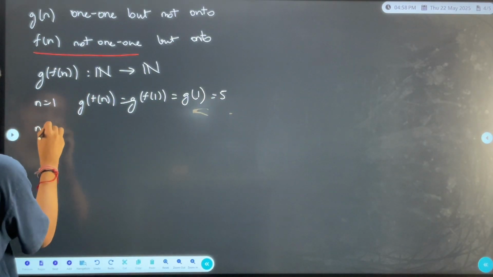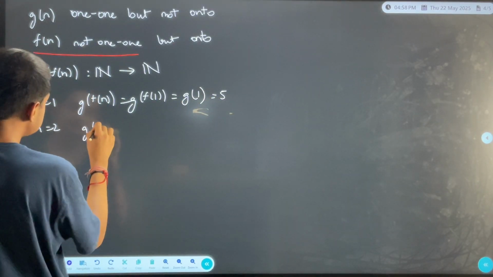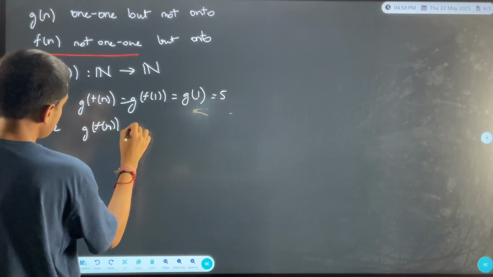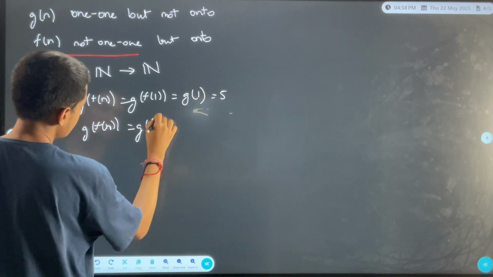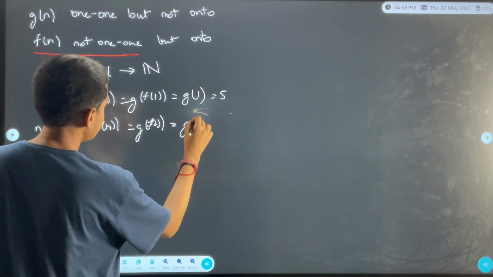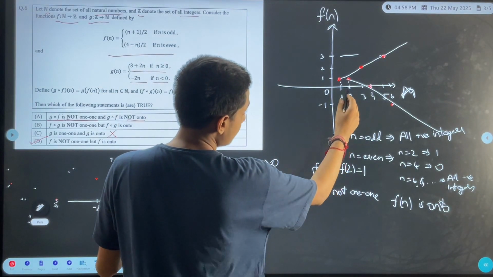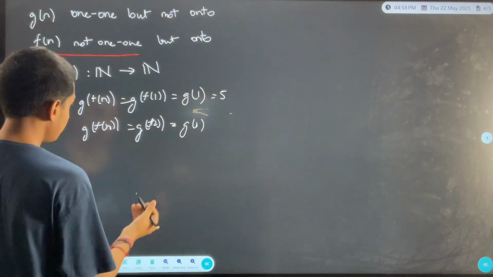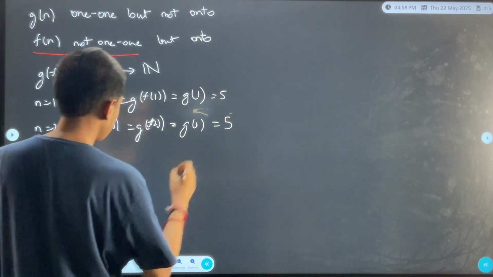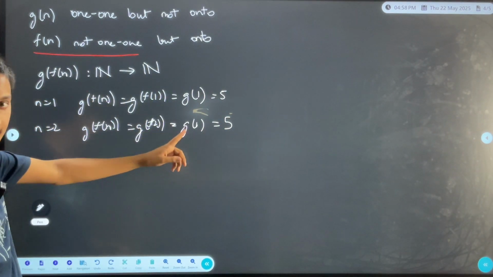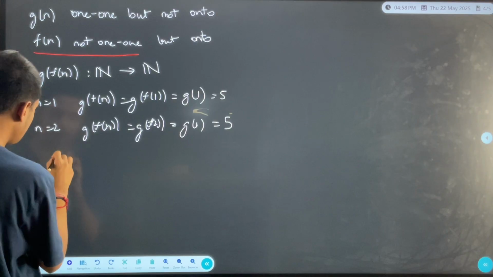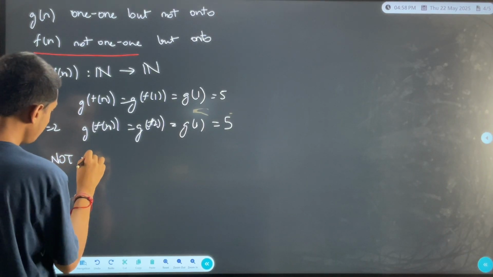If I substitute n equal to 2, then g of f of 2 is again g of 1. Why? Because from here f of 2 is also equal to 1. Therefore, we get the value as 5. So this shows that g of f of n is not 1-1.